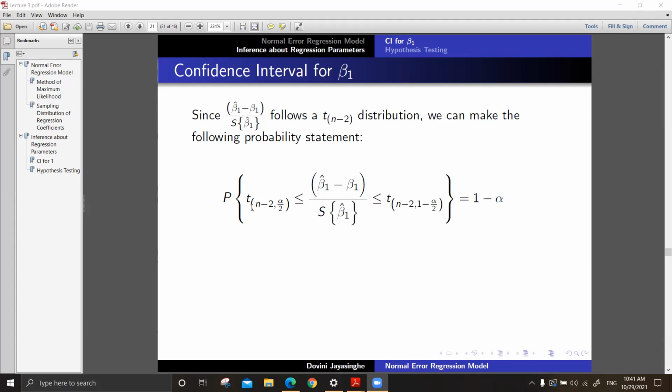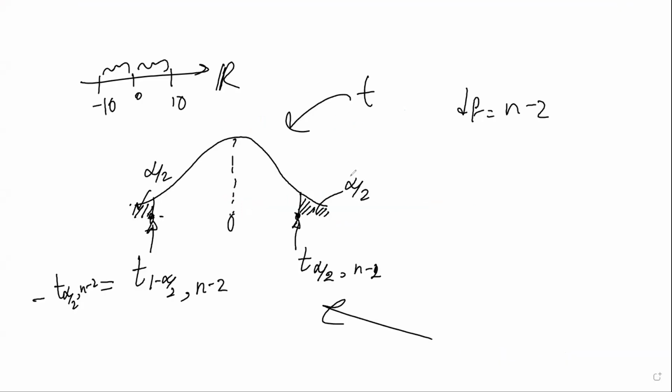In some books, they denote it the other way around, right? If somebody says this quantile is T alpha over 2, they say this quantile is T 1 minus alpha over 2. In some books, they read from this side. But anyway, if this is this one, this quantity should be this one. I mean the notation, right? Values are the same.